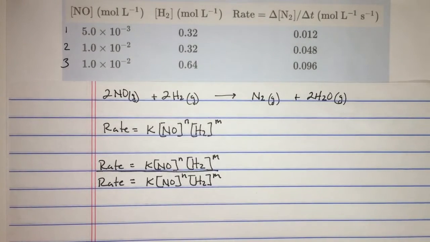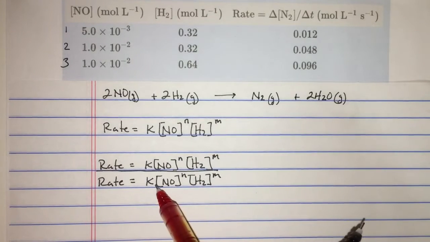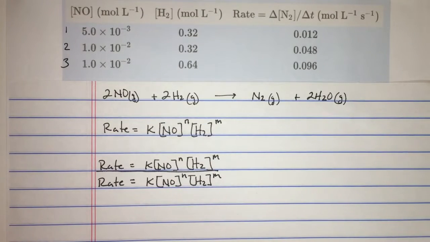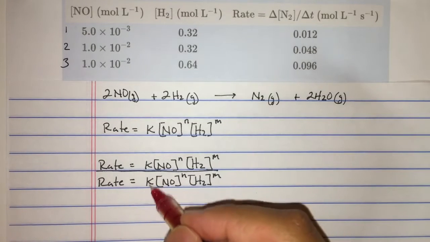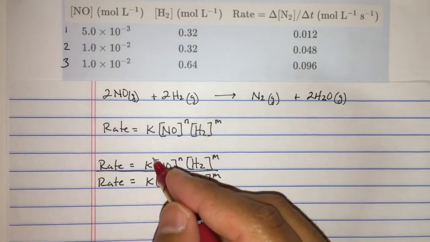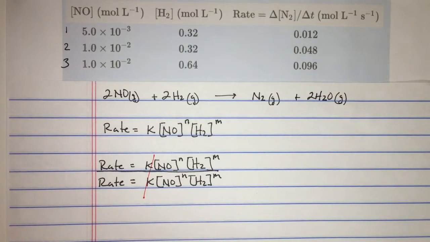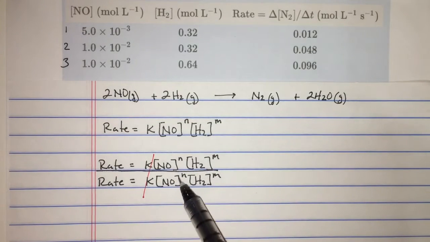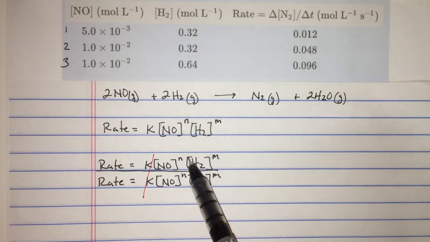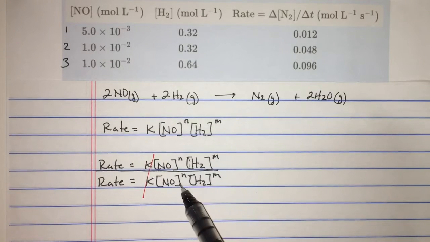Now, when we set this up, you notice that we don't know what K is, but whatever it is, K over K just cancels. So we'll solve the rate constant later. Now, in this example, you notice there are two unknowns, n and m. Let's solve for n first.